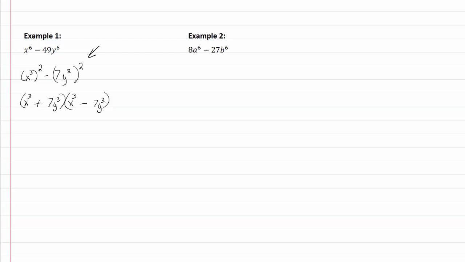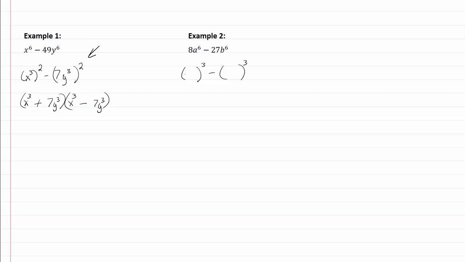In example 2, if I look at my numbers, I've got an 8 and a 27. Well, those are cubes. So that means that I need to factor this as a difference of cubes. Again, I want to write down my bases for those. So I'm going to have something to the third power minus something to the third power.